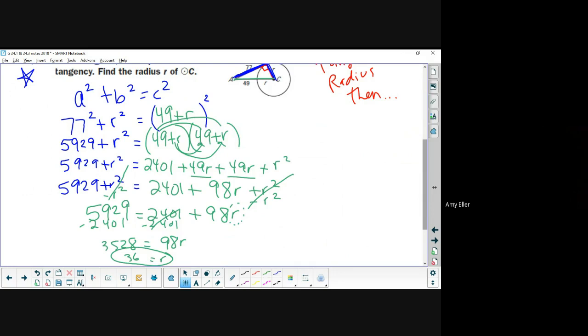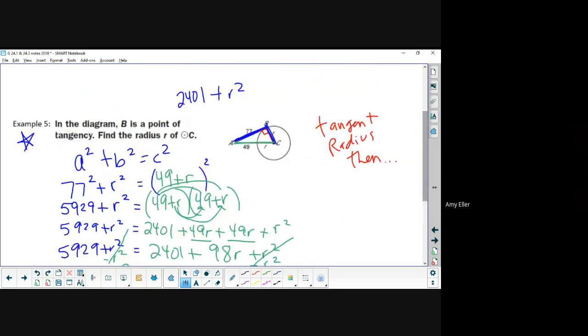Okay, there will be more practice problems like this. This is just the first one. The reason this one is more difficult, even though it's just the Pythagorean theorem, is because our triangle was 77, r, and our hypotenuse was 49 from here to here, and then r, which makes the whole thing 49 plus r right here.